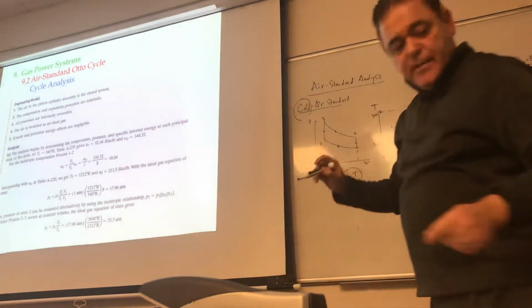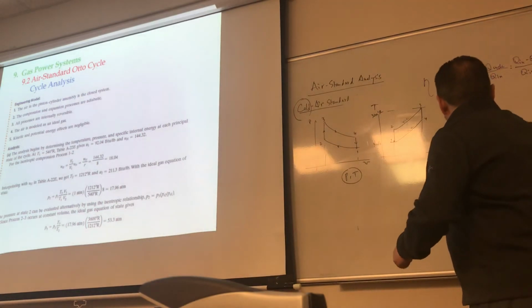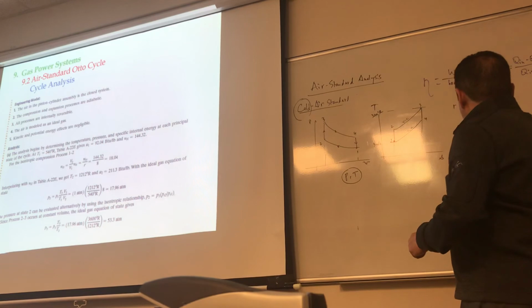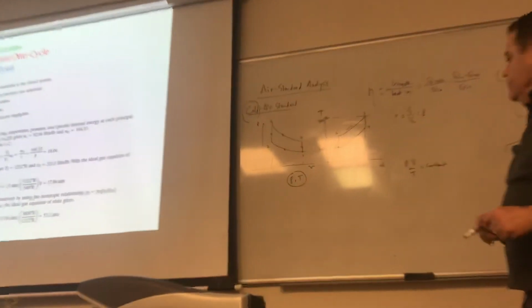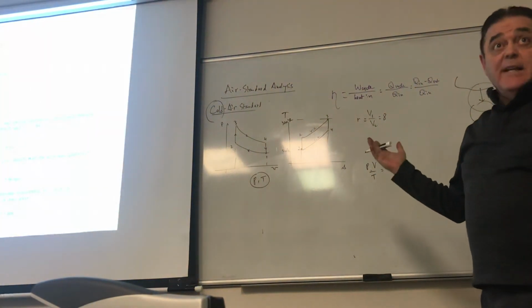oh, no, sorry, I made a mistake. What I meant to say is that PV over T is equal to a constant, right? That's another way of writing the ideal gas equation.